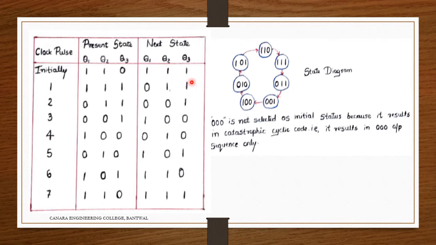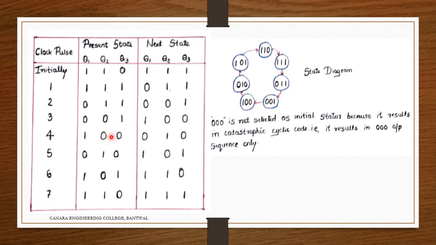Next clock pulse: 0 1 1, 1 and 1 gives 0, then this 0 goes to Q1, Q1 to Q2, this one to Q3. Again one clock pulse: 0 0 1, 0 and 1 gives 1, Q1 to Q2, Q2 to Q3, and this 1 0 0 again shifted here.